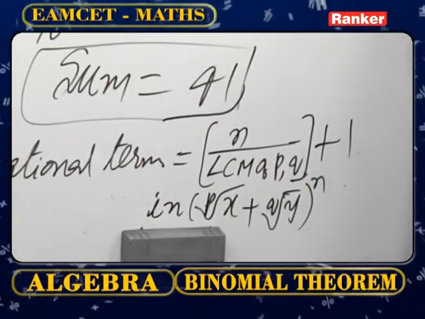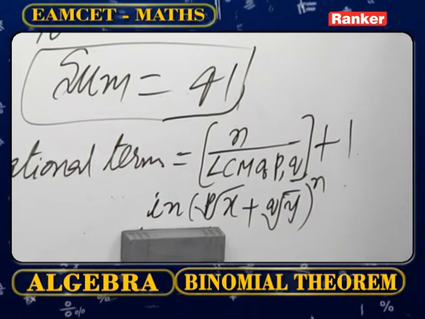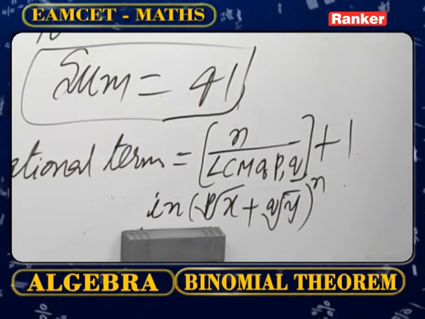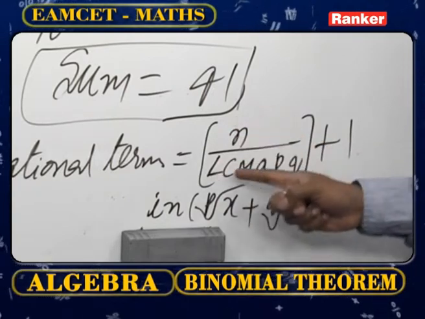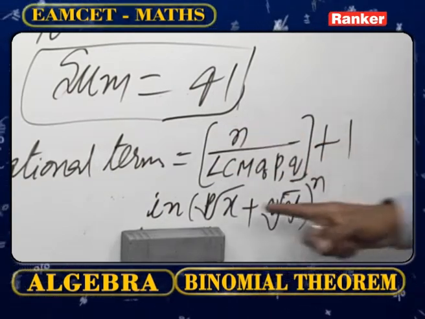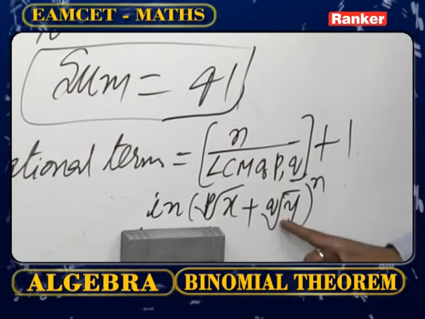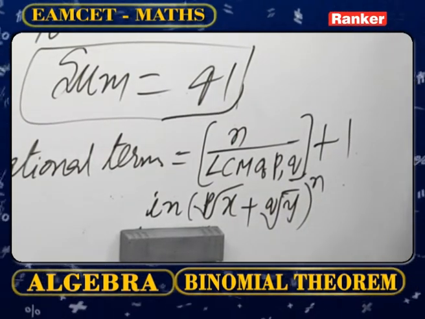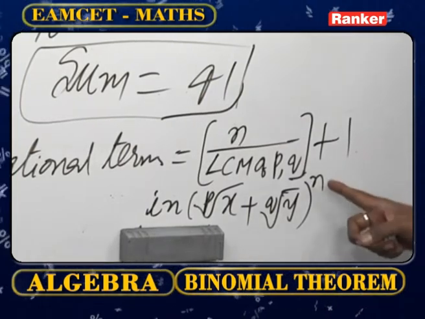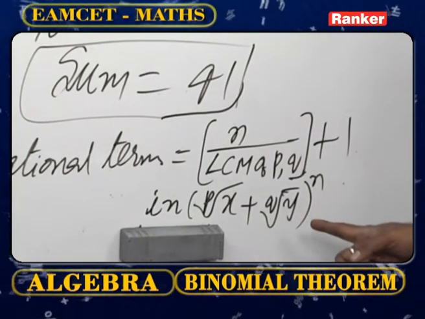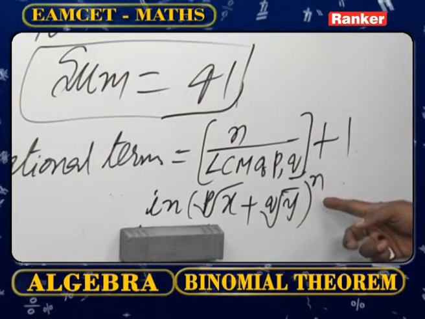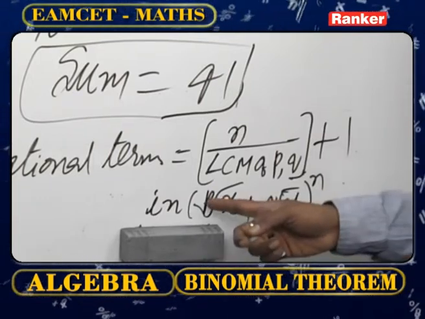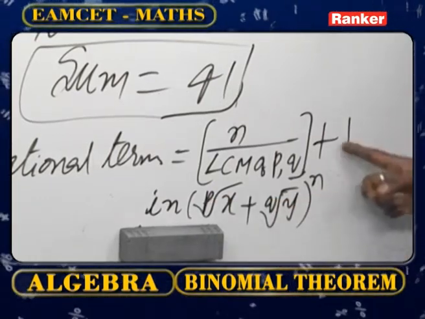So the number of rational terms formula is this: step of n upon LCM of p comma q, plus 1, in p root x plus q root y whole power n. If you need irrational terms, the number of terms will be n plus 1, and subtract the number of rational terms from the total number of terms.